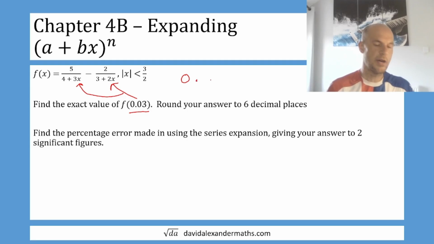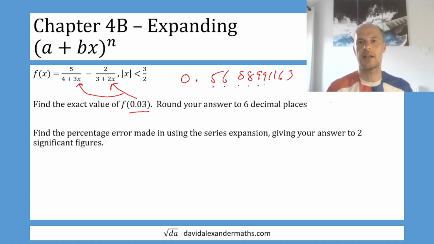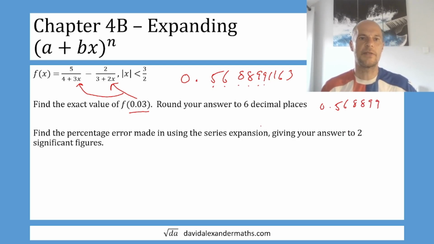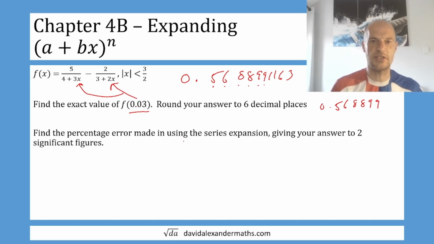I'm getting 0.5688991163. So 1, 2, 3, 4, 5, 6 decimal places, that is going to be 0.568899.